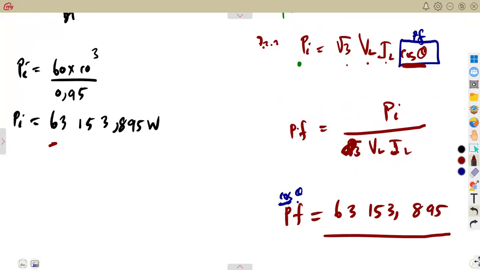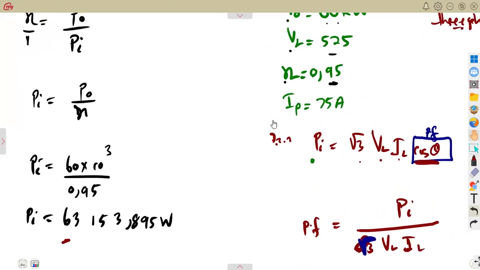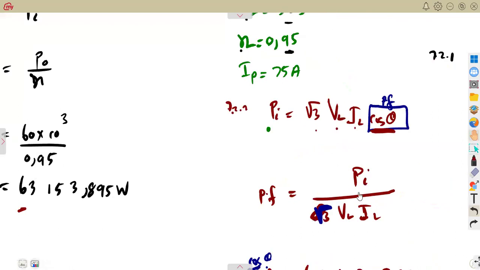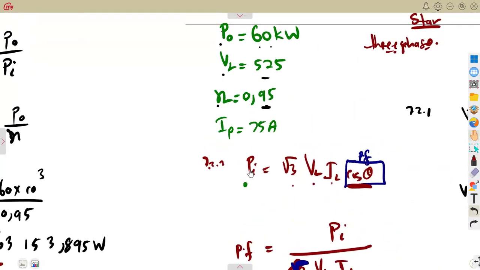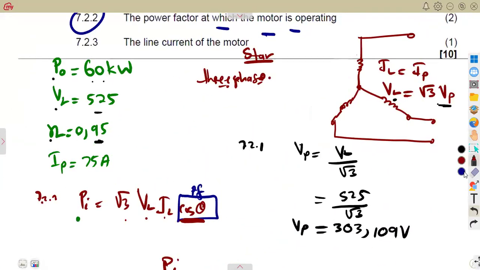Guys, why did I forget to erase this while I was illustrating something? This is still the square root of 3. Remember, your line voltage was 525. So this is 525 times the line current, remembering that we are in a star connection, and in a star it is supposed to be understood that these two are the same.